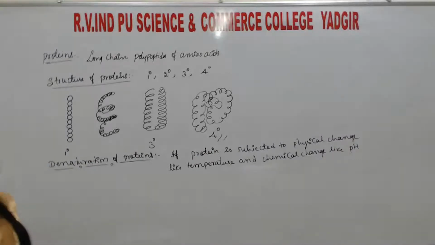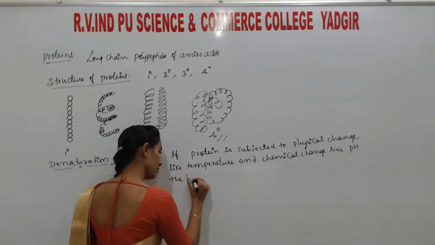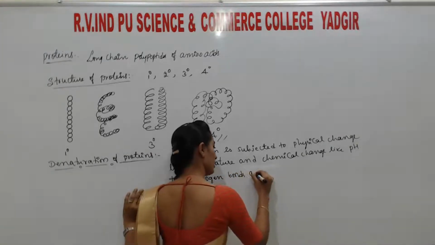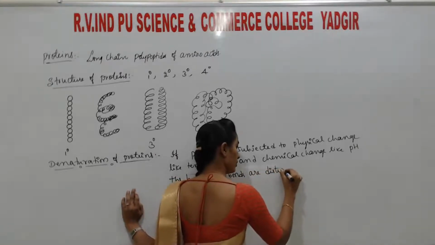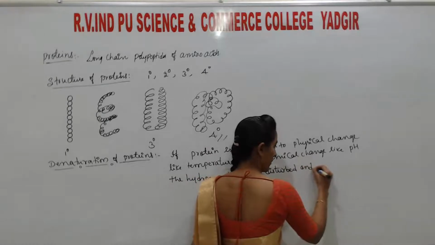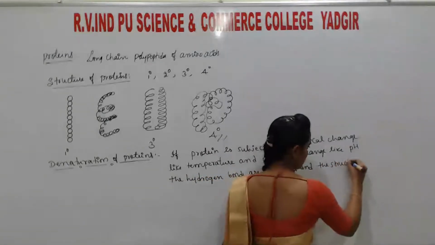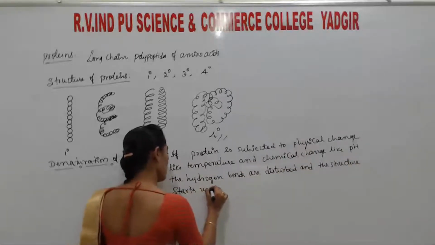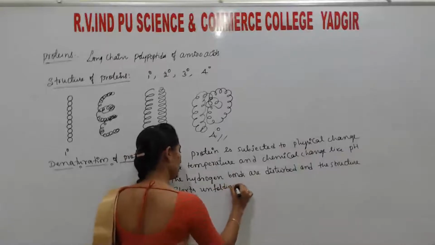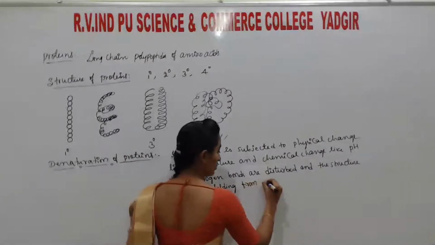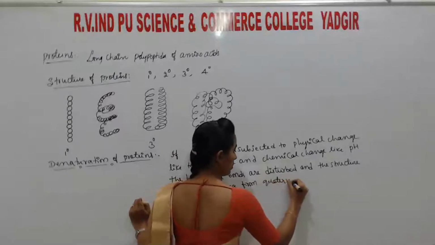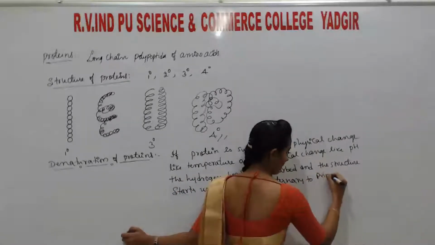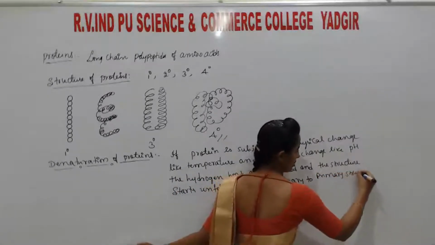Okay? The hydrogen bonds are disturbed and the structures start unfolding from quaternary to primary structure.